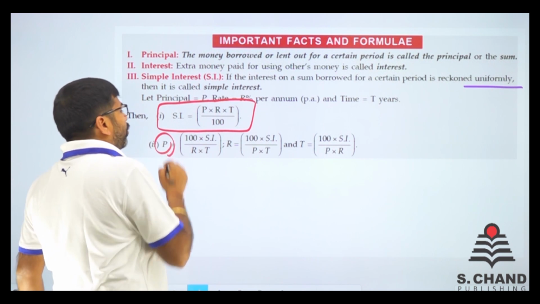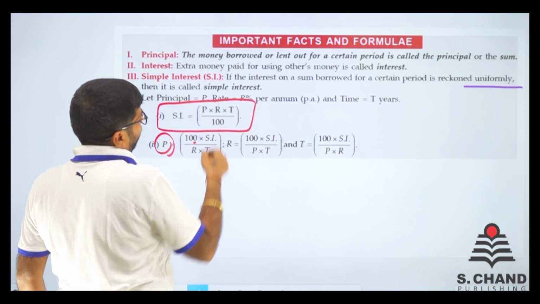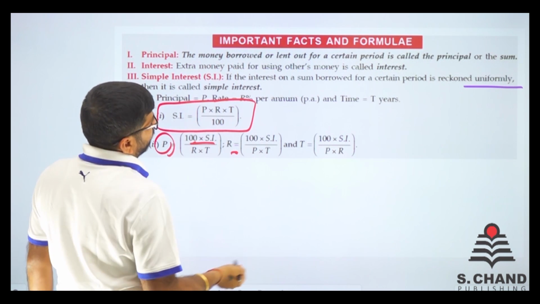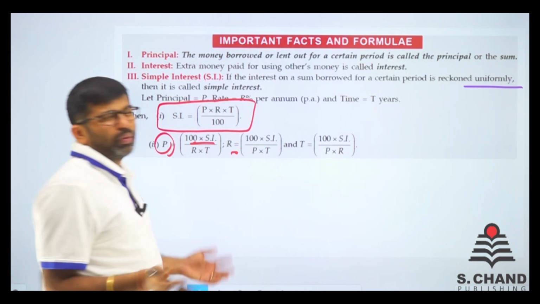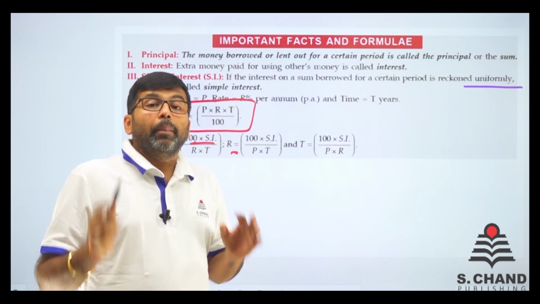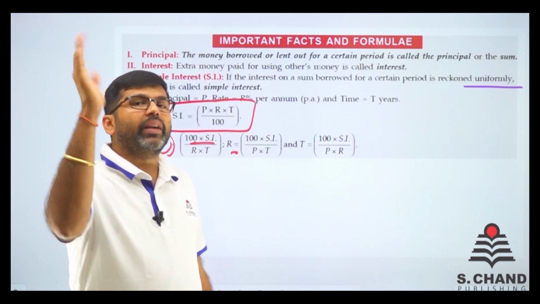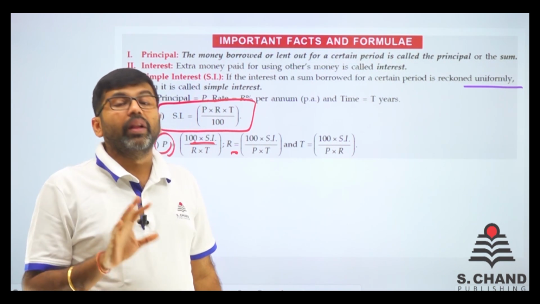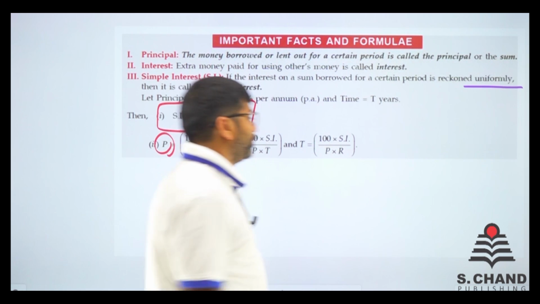So the value of P becomes 100 into SI divided by RT. The value of R becomes 100 into SI divided by PT. You can keep exchanging like this, but the basic formula is PRT by 100, that is SI, and other formulas can be derived.